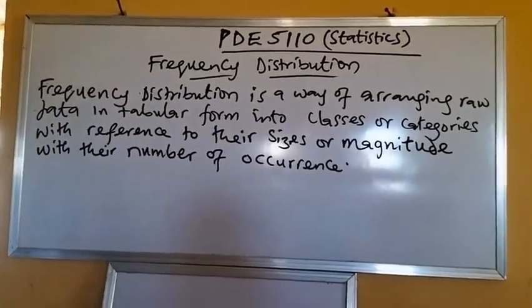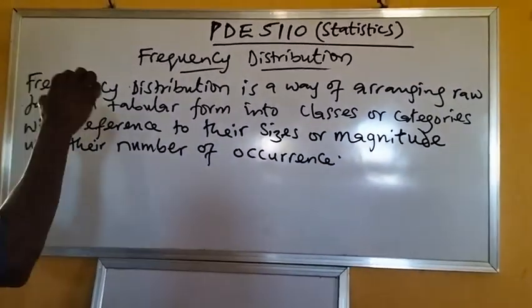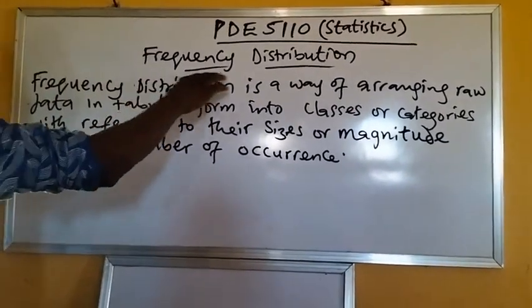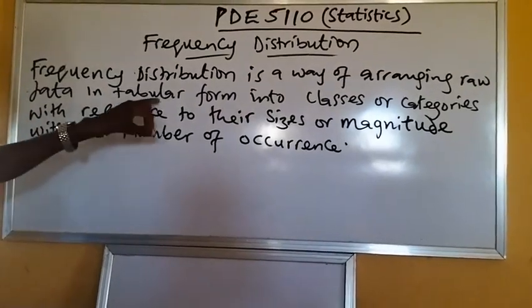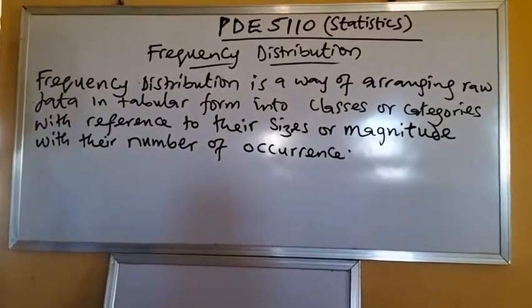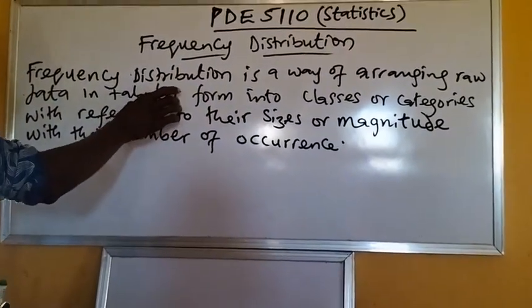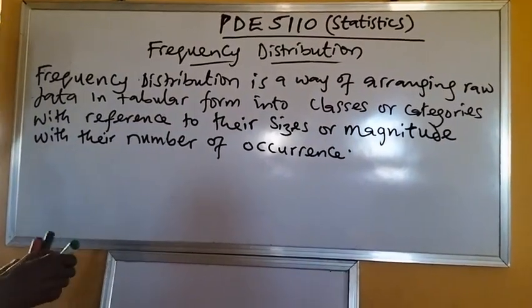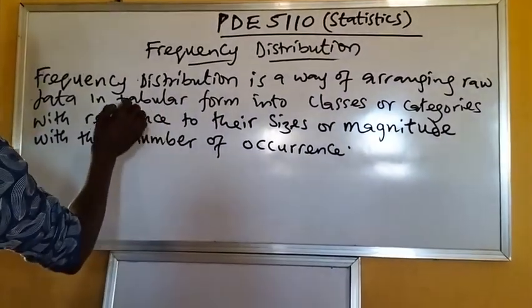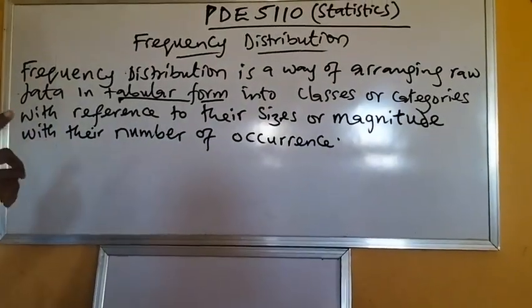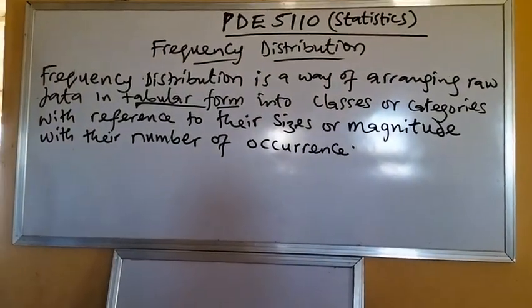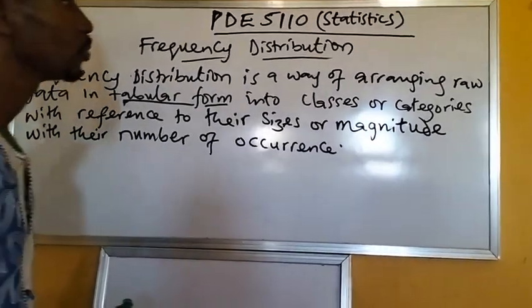Meaning that whenever we want to talk about frequency distribution, we must make sure what we are talking about is in tabular form. That is number one. The data we are talking about should be in a tabular form. We must tabularize it. Then number two, we must make sure we arrange them.